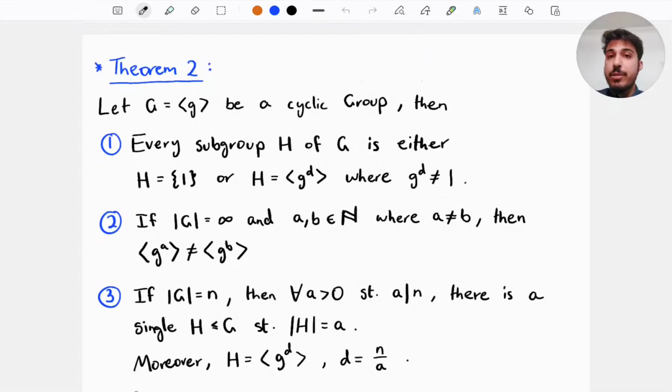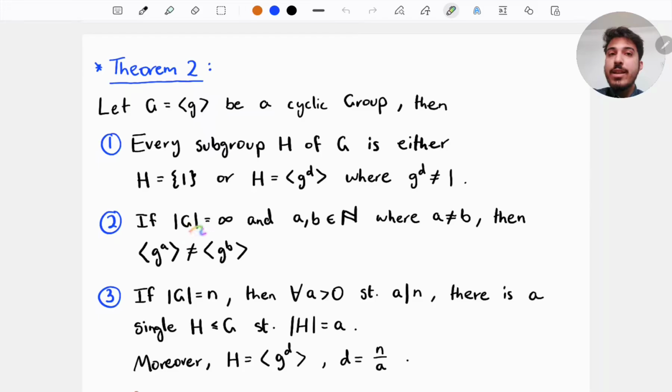Let us now state theorem 2 again. So if G is a cyclic group generated by small g, then first of all, every subgroup H of G is either the trivial subgroup containing the identity, or H is equal to the subgroup generated by g to the d, where g to the d is not equal to the identity.